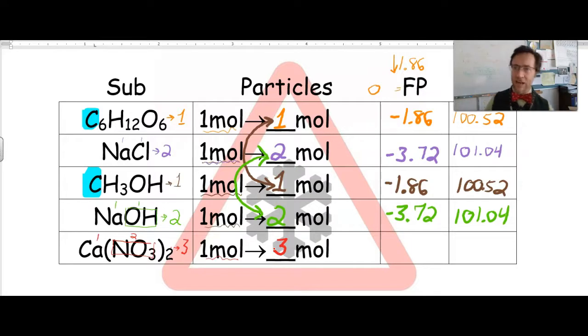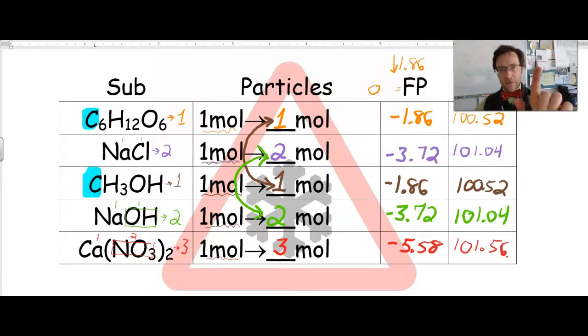So what's my freezing point? Easy. We're going to take 1.86 and multiply it by 3, and we're going to get 5.58, right? How do we calculate the new boiling point? Well, we take 3 and we multiply it by 0.52. And that's how we do that, you dig?